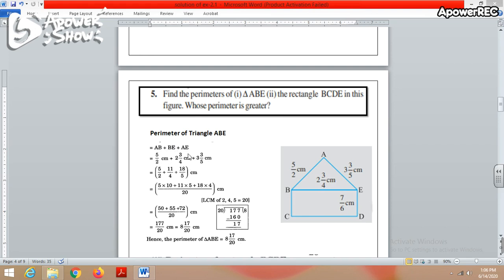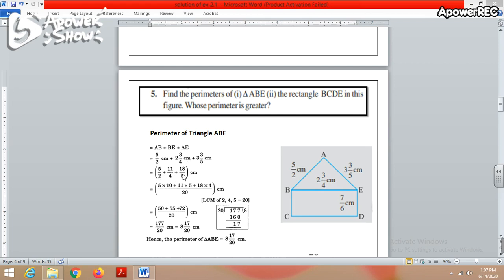For doing calculation, we have to first convert these mixed fractions into improper fractions. So 2 3 by 4 will become 4 2s are 8 plus 3, 11 by 4. 3 by 5 will become 5 3s are 15 plus 3, 18 by 5. So now we are going to add 5 by 2, 11 by 4 and 18 by 5.